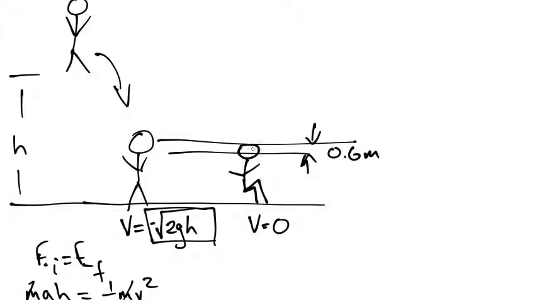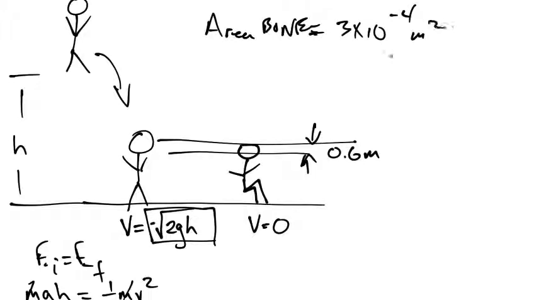Now, what does the problem give us? Well, it gives us that the person's leg has a bone in it, and the cross-sectional area of the bone is equal to 3 times 10 to the power of negative 4 square meters.